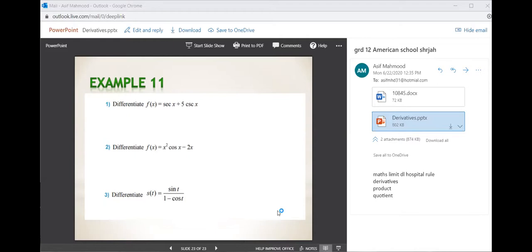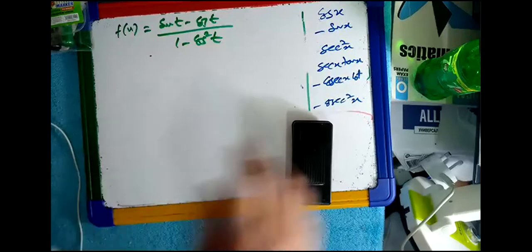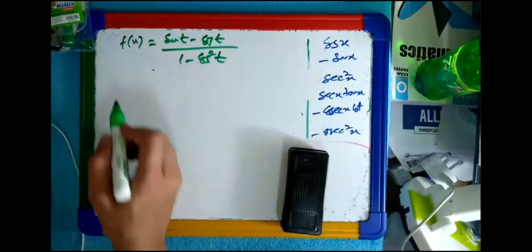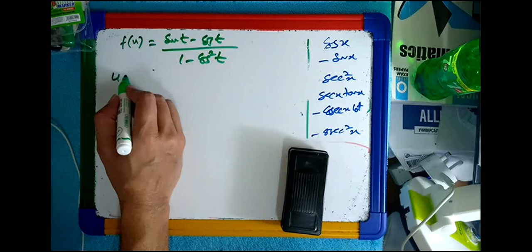Now see, I will solve for you. First, I write this question. F of t equal to sin t minus cos t divided by 1 minus cos square t. Now you will see my board and I will solve for you. First of all, I will write u dash.